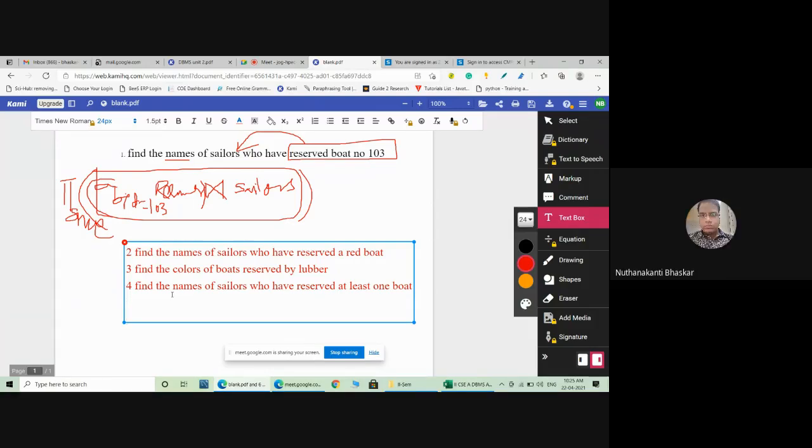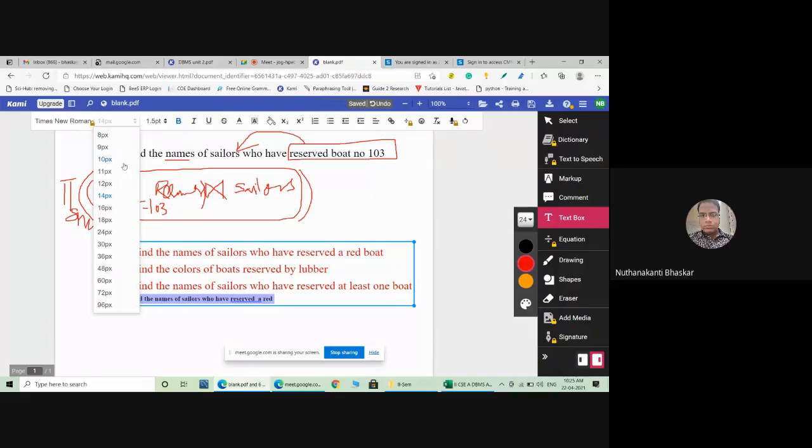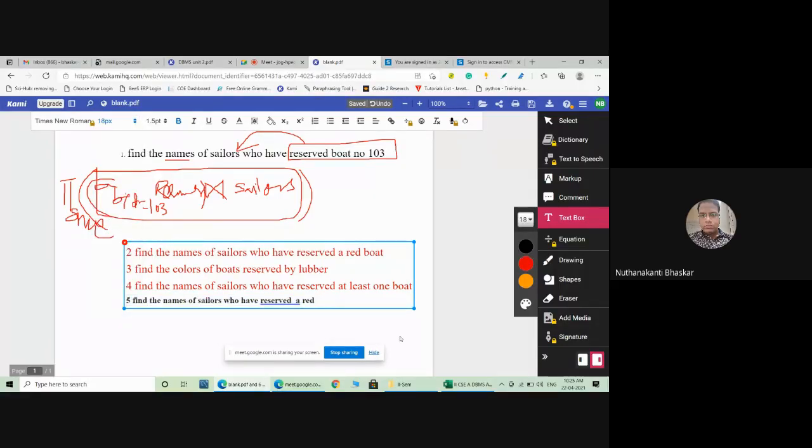Next one, find the names of sailors who have reserved a red or a green boat.